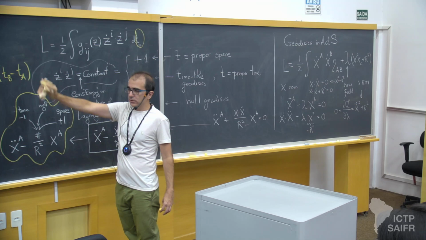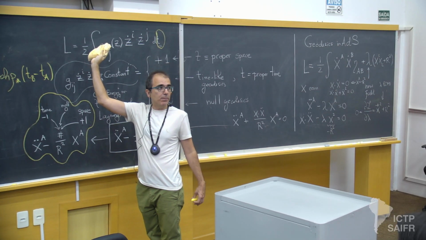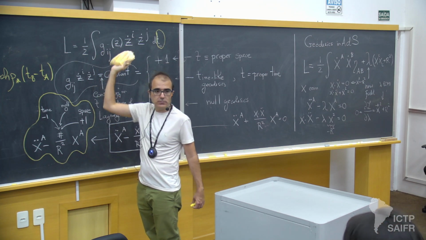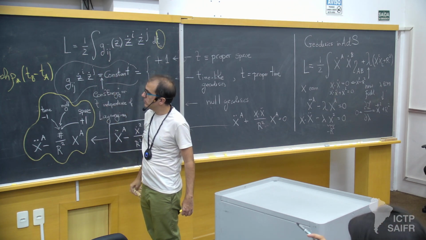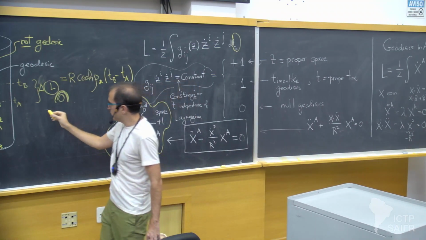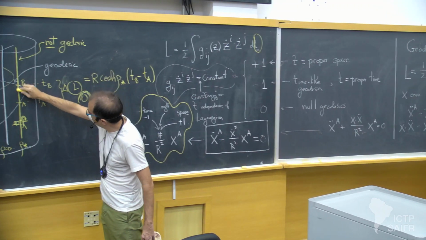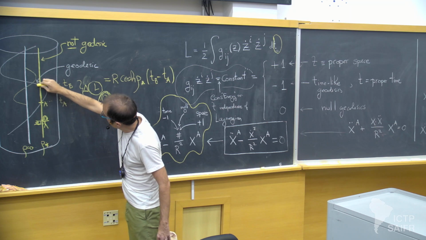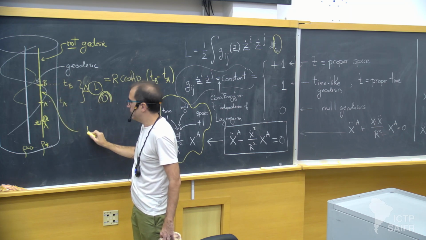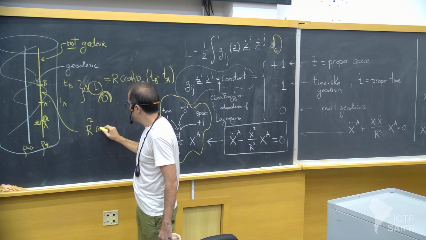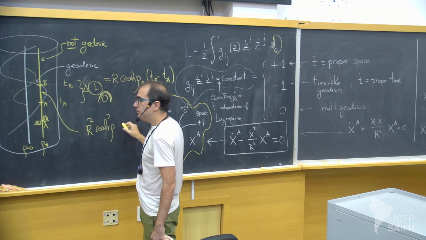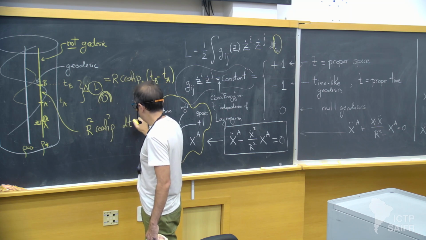This stuff is very important, what we are doing now. So I hope, so do ask if you have questions. By this factor? You see, what we are going to do is that along this segment here, we want this proper time. But in this time, all that matters is that factor, R squared cosh squared of rho times dt squared.